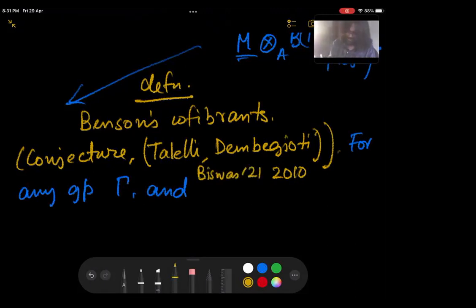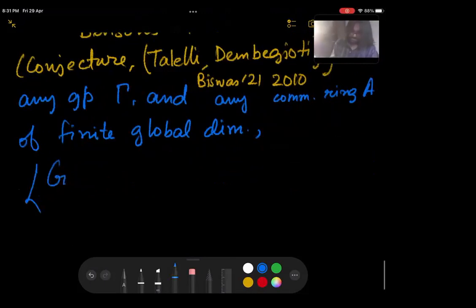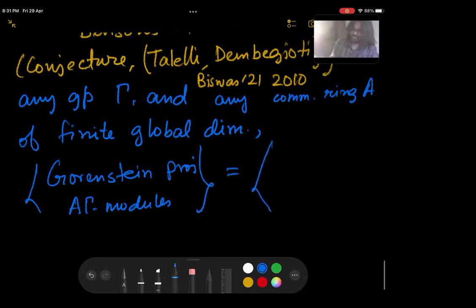For any group gamma and any commutative ring A of finite global dimension, the class of Gorenstein projective A gamma modules should be exactly equal to the class of Benson's cofibrants.